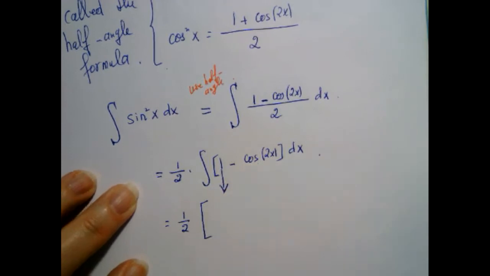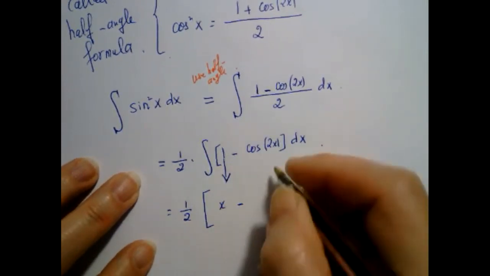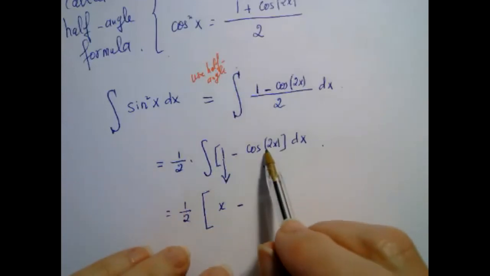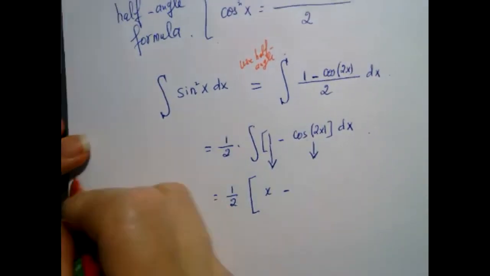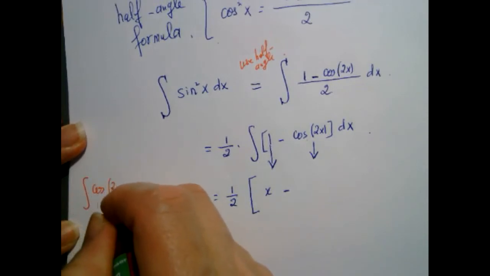The antiderivative of 1 is x minus the antiderivative of cosine 2x. So I have an inside function here. So I'm going to isolate it a little bit because it's an inside function. I have to deal with that.